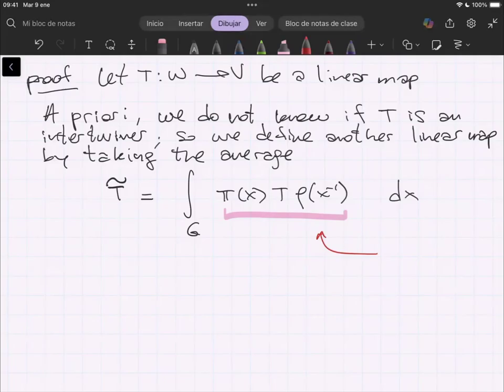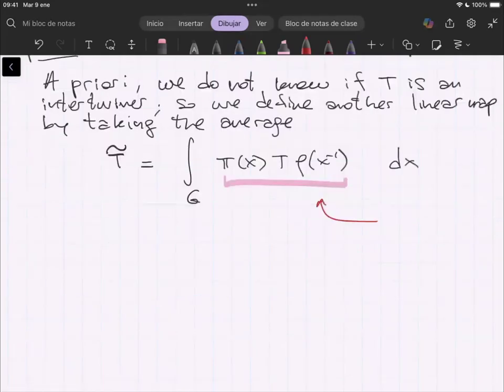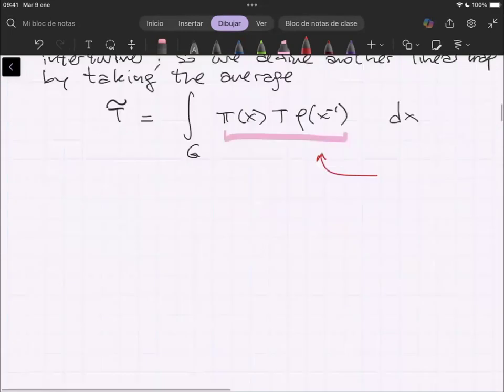So we can still do the integral. It's like a matrix integral, okay? So we understand this integral like this. Okay, so why is this integral an intertwiner?